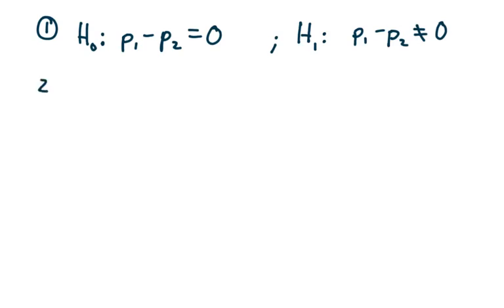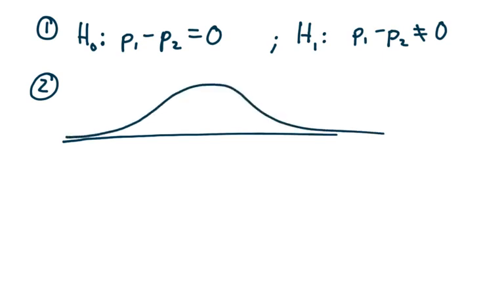All right, step 2, sketch the critical region and find our critical values. So here, I think alpha is 0.05. So for a two-tailed test, that means this area on the left is 0.025. And this area on the right, similarly, is 0.025.